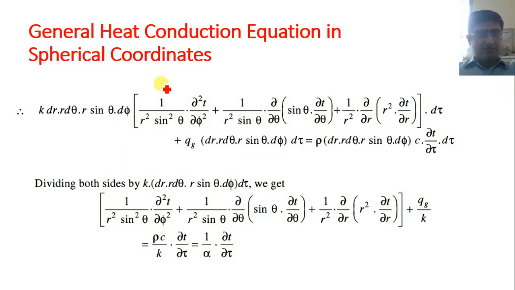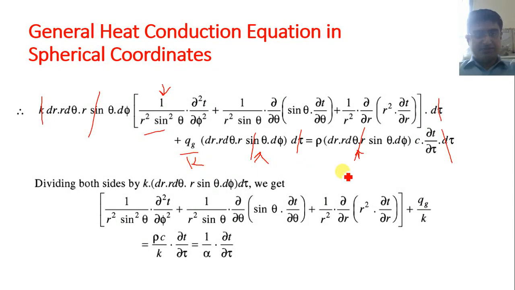By placing all the values of A, B, and C, all the volume terms which are the same or constant, and also the time interval which is constant, get removed. Finally the equation that remains is 1 upon r² sin²θ into ∂²T/∂φ² plus 1 upon r² sinθ ∂/∂θ of sinθ ∂T/∂θ plus 1 upon r² ∂/∂r of r² ∂T/∂r plus qg by k, because here also we are dividing all the terms by k, so k gets cancelled out.